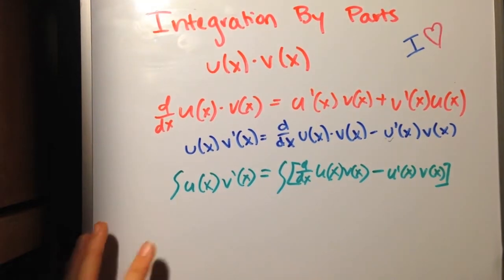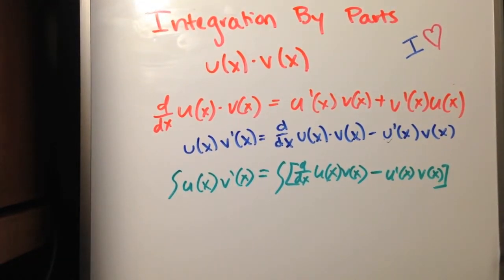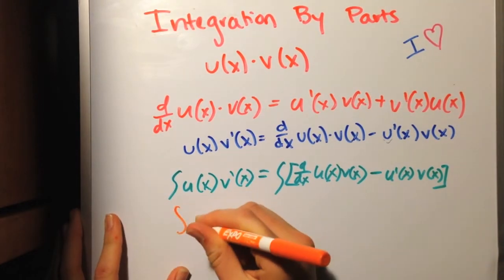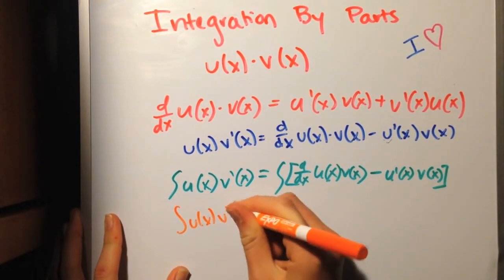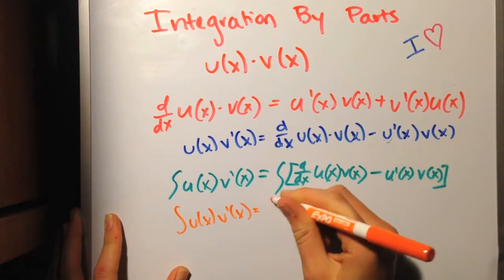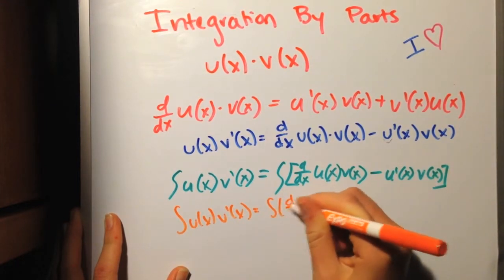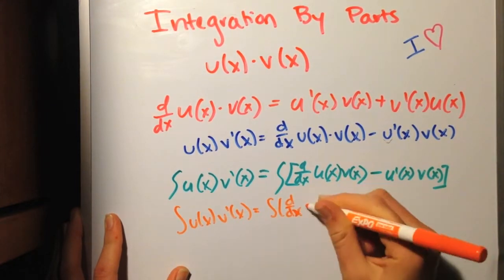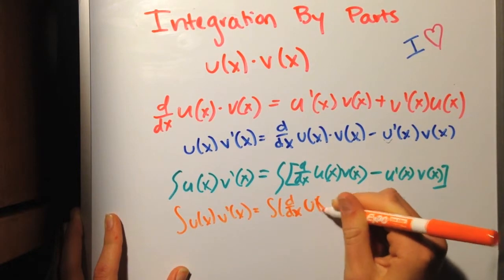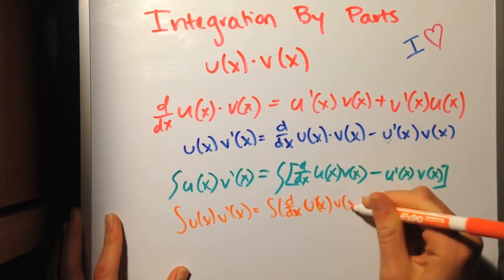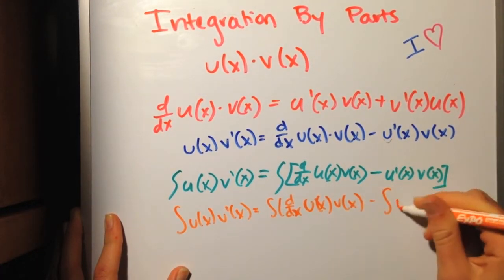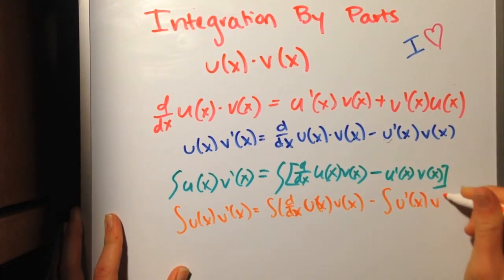We can break apart our integral on the right side of the equation into two separate integrals. So we have the integral of u of x v prime of x equals the integral of the derivative of u of x times v of x minus the integral of u prime of x times v of x.